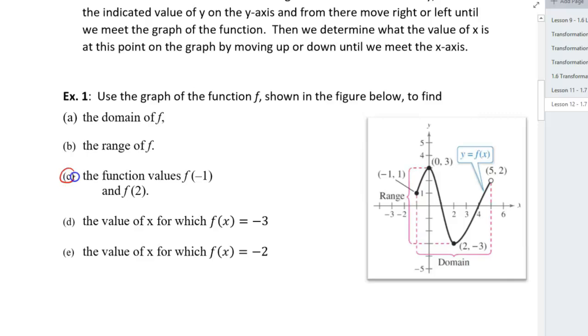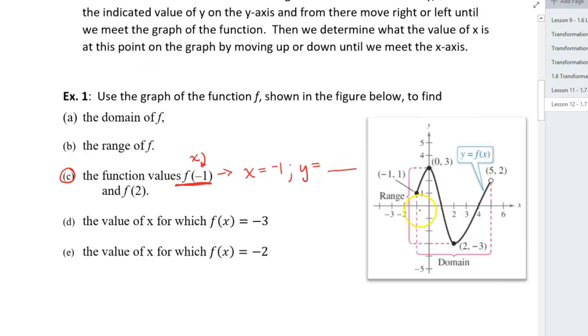In C, we are asked to find f of -1. So remember that the value inside the parentheses lets us know the value of x. So another way to think of this is when x is equal to -1, we're trying to figure out what y is equal to.